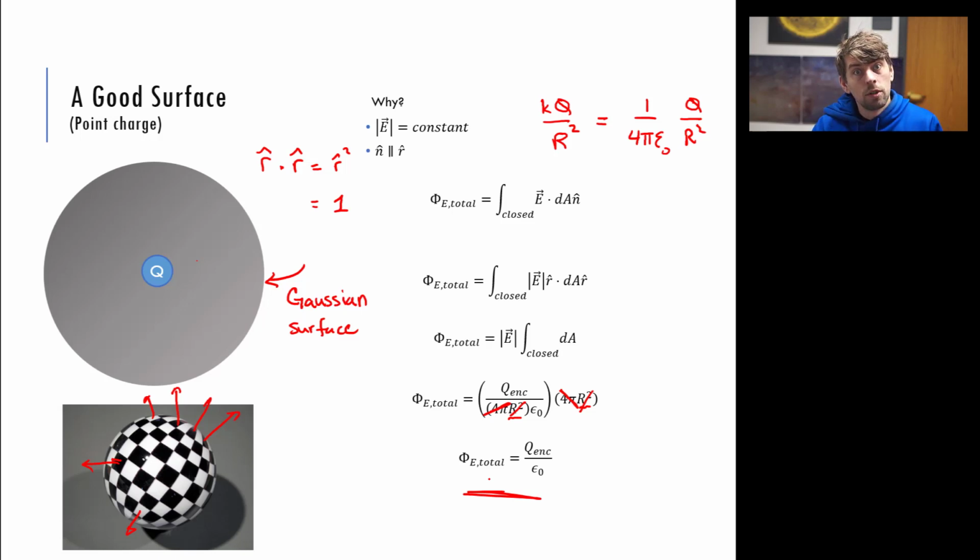Generally, what we will do is we will calculate the flux and then use Gauss's law to determine what the electric field has to be. Okay? I'll post another example video that demonstrates that for you. We will determine the electric field due to an infinitely long line charge. And we'll actually do it two ways.